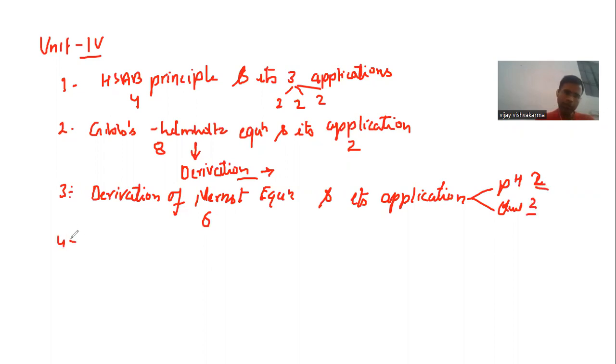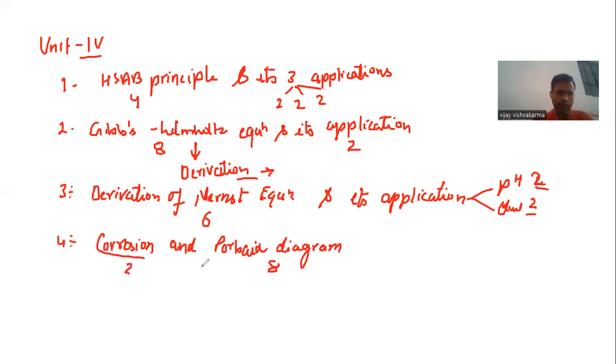Now the fourth question from unit 4: corrosion and Pourbaix diagram. Apart from corrosion, this has weightage 2 and this has weightage 8.